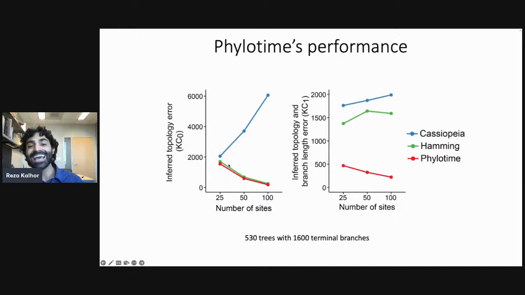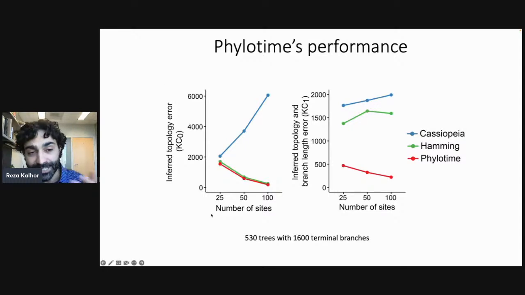In green, you see the performance of a Hamming distance based method that just counts the number of mutation differences between two sites. And in blue, you see the performance of Cassiopeia, a maximum parsimony algorithm. I should add that this is Cassiopeia 1.0, and it wasn't exactly designed for this scenario. Sebastian, who will be presenting in a couple of weeks, I suspect will present the most recent versions of Cassiopeia.